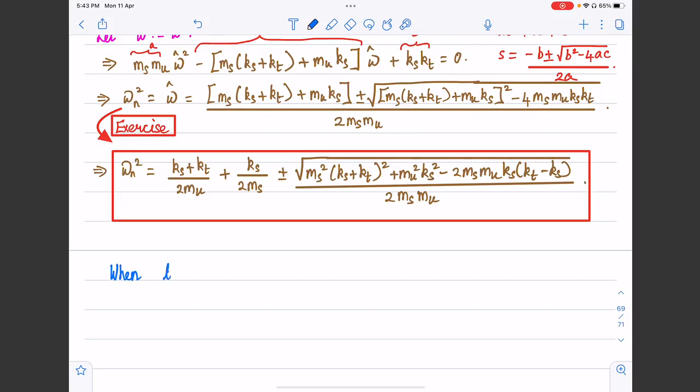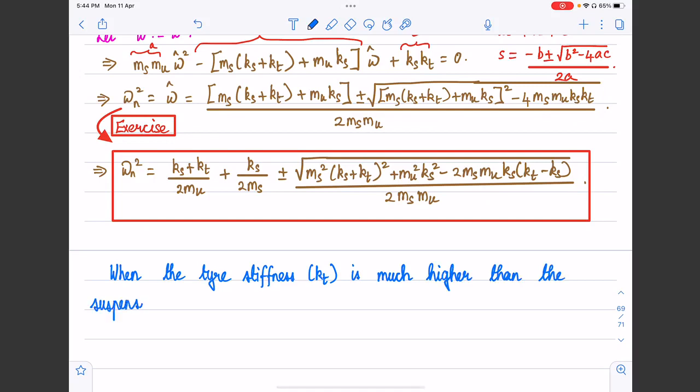So when the tire stiffness Kt is much higher than the suspension stiffness Ks, what happens?